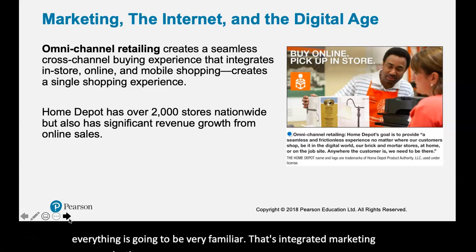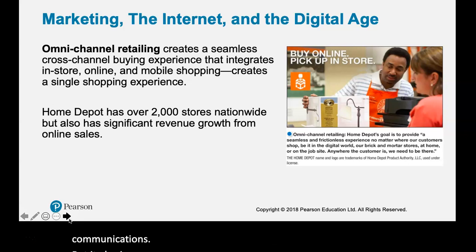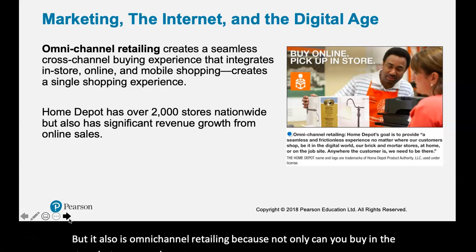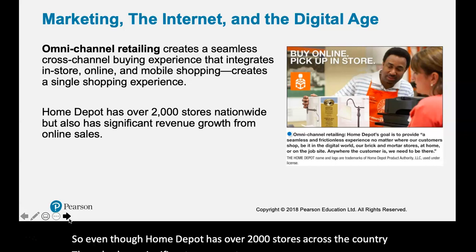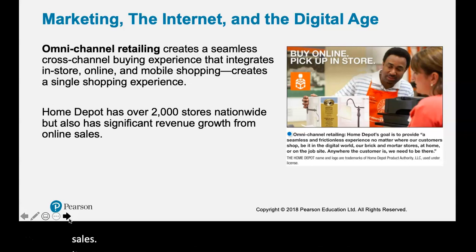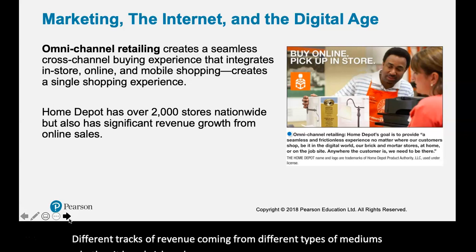But it also is omni-channel retailing, because not only can you buy in the store, but you can also buy online. So even though Home Depot has over 2,000 stores across the country, they also have significant revenue streams coming from their online sales. That's omni-channel, different tracks of revenue coming from different types of mediums, whether it be a brick and mortar store or online.